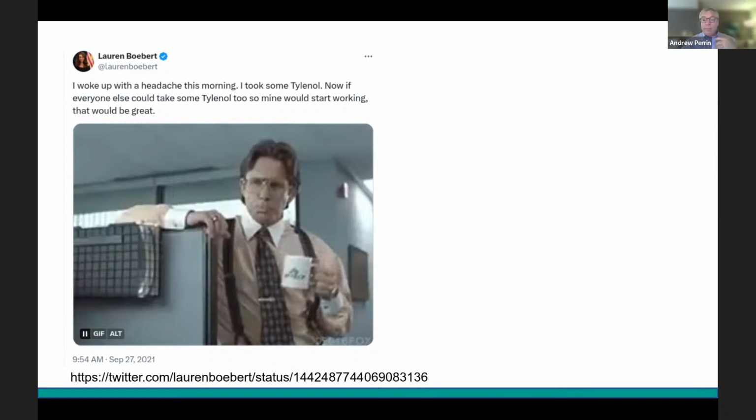The person tweeting here is a U.S. politician, by the way. The person tweeting here is an outspoken right-wing member of the U.S. House of Representatives. And so she's trying to make an argument that the mandate that other people get vaccinated is illegitimate because medicine is something that works on one alone.